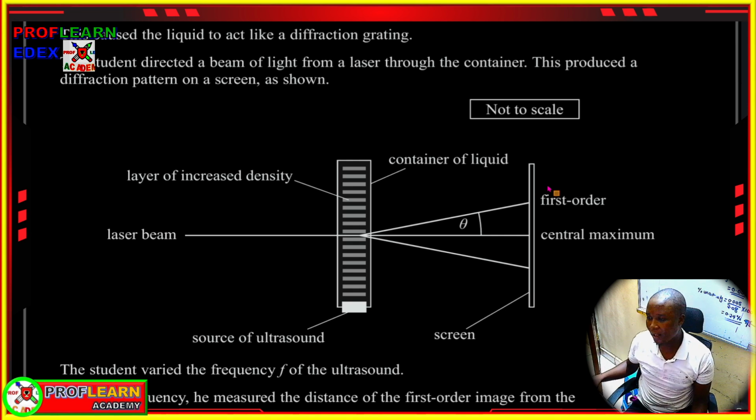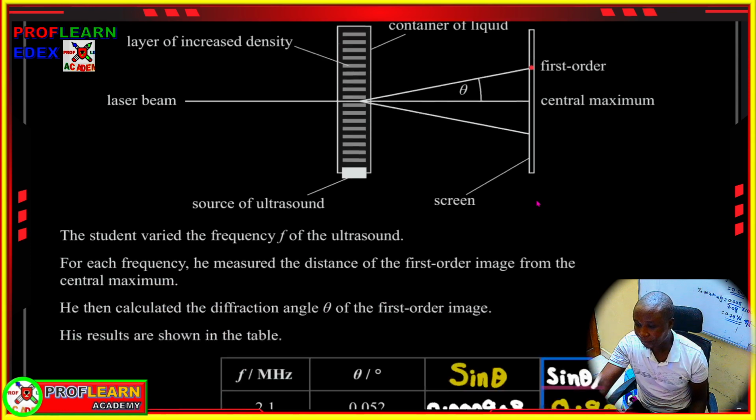So here we have two waves which are in phase interfering at that point, and constructive interference takes place. Then from there we shall have a bright spot at that given point. So this wave will travel to this point, and when the two waves interfere constructively, a bright spot is formed at that given point.